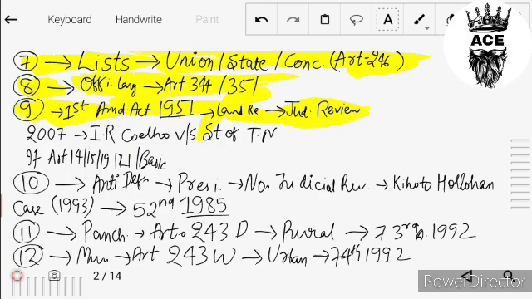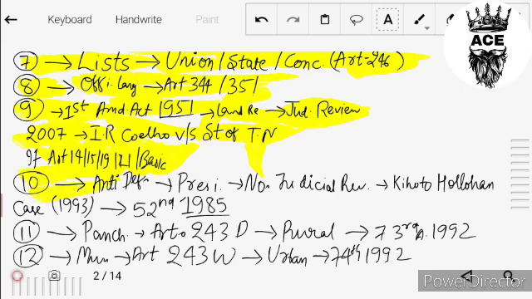Originally it was not, but after the 2007 IR Coelho versus State of Tamil Nadu case, if the laws violate article 14, that is equality before the law, article 15, no discrimination, article 19, freedom rights, 6 freedoms are there, and article 21, that is the right to life and personal liberty, and the basic structure doctrine, article 13 versus article 368, a very beautiful concept, we will discuss it later.